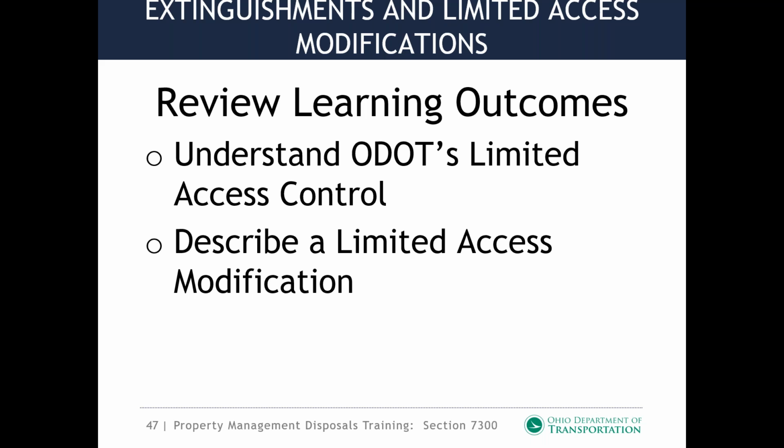And finally, we wanted you to know how to process and finalize access modifications. In addition to normal reviews, you need to secure statements from the requesting owner on what they want modified in their plans. You'll need to determine if an appraisal is needed, and then you'll seek FHWA appraisal or approval as necessary.